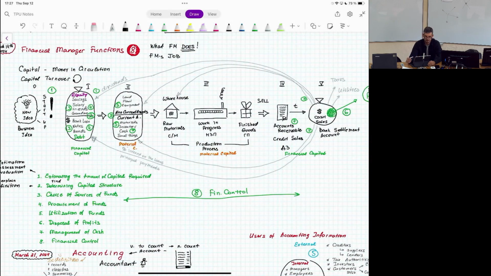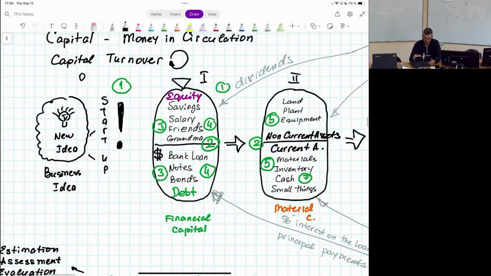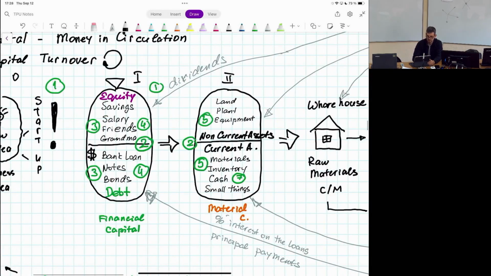We talked about the financial manager functions, and we talked about how you come up with an idea, and then you start developing your business in order to get your profits. So, you have the idea, then you need to find capital for your idea, which is equity, which is your capital, or liabilities, which is borrowed capital.